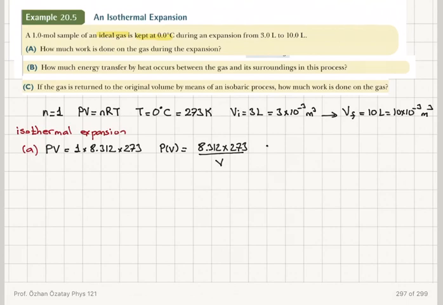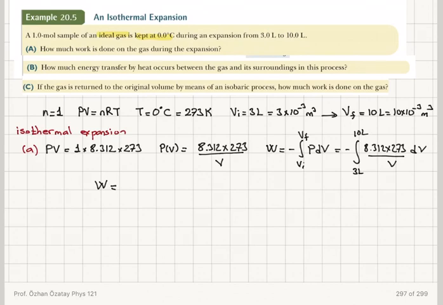And I find that the work done in this process is minus the integral from V initial to V final of P dV. So this will be minus the integral of 8.312 times 273 divided by V dV, from V initial, which is 3 liters, to V final, which is 10 liters. So I can calculate the total work done on the gas.